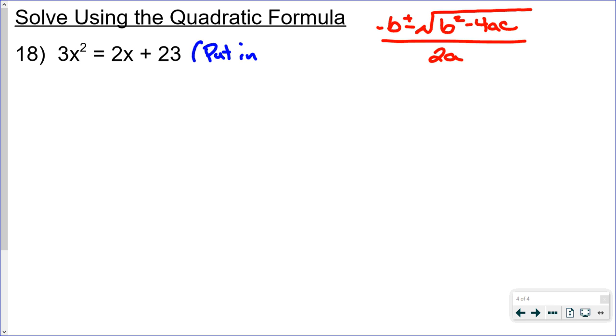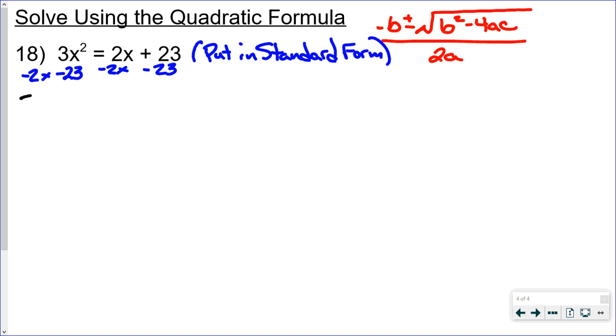So I'm going to subtract this from both sides and subtract this from both sides, minus 2x minus 23. And so I end up with 3x squared minus 2x minus 23 equals 0.